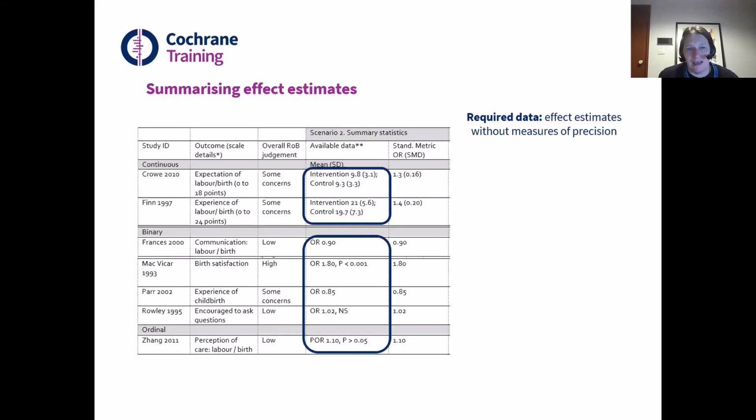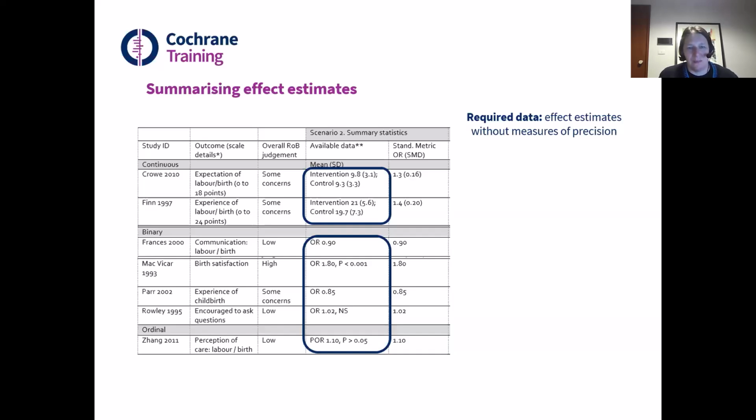And what you can see here is in this particular scenario, we have the data that's available, so for some studies, we've got means and standard deviations. Other studies, we just have an odds ratio reported. So here, an odds ratio of 0.9.